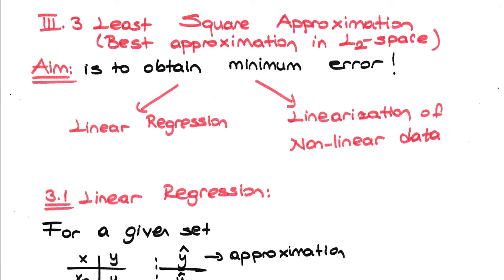In the literature we mainly use the L2 and L infinity norms. So we have two options for the least square approximation, I mean the best approximation: best approximation in the L2 norm, and best approximation in the L infinity norm.